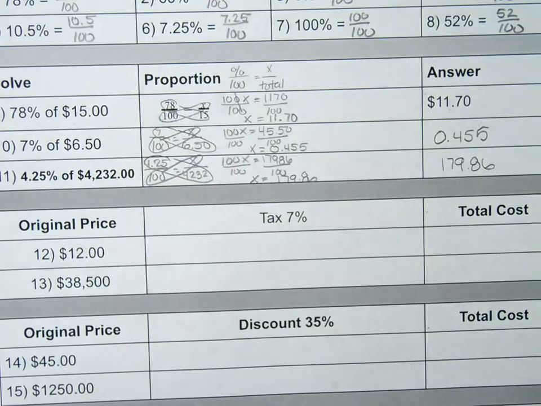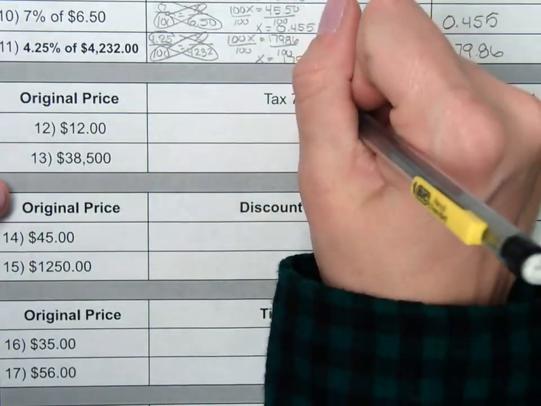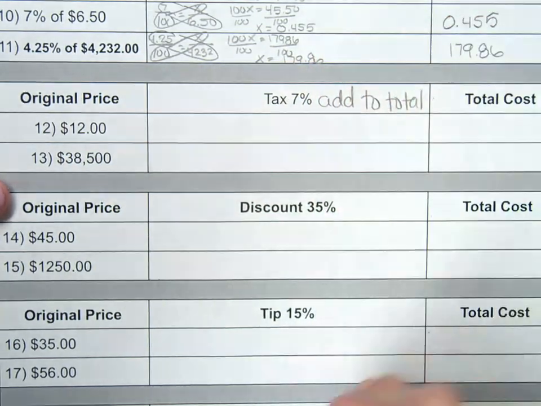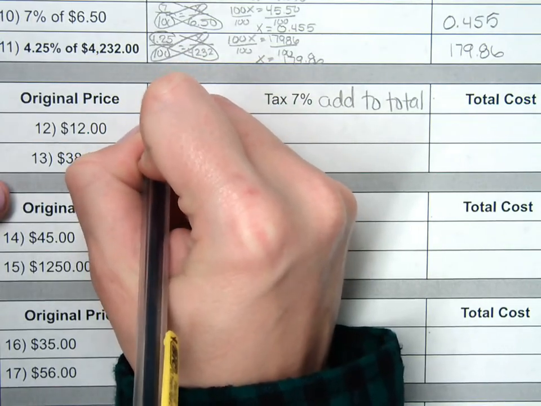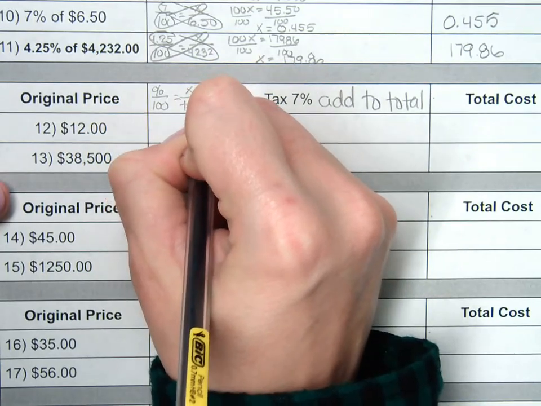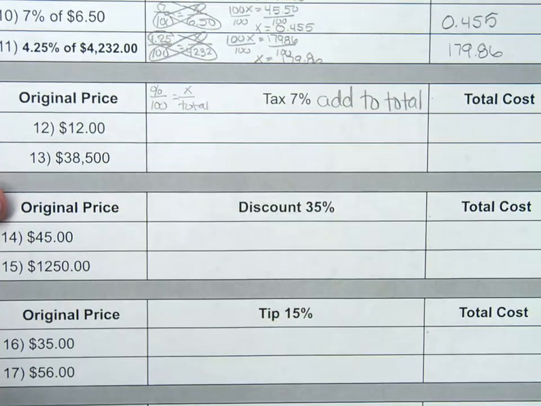So now let's talk about tax. If you're getting tax on something, that means you're adding it to the total. So we want to put our percent over 100 and equal that to x over the total. Then add whatever x is.